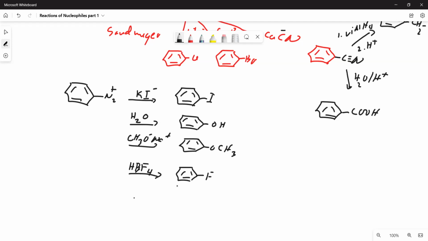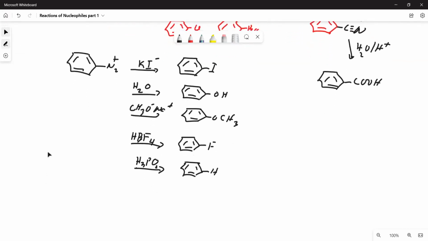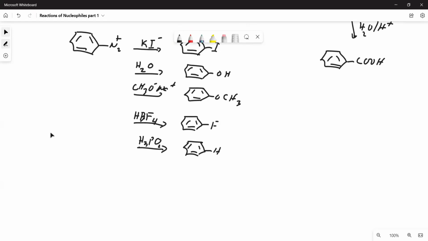We can even convert the diazonium back to benzene using H3PO2. Here, the hydrogen can replace the nitrogen gas, producing back the benzene ring. So these are important diazonium reactions, and they have important bearing when it comes to positioning of the substituents attached to the benzene ring.